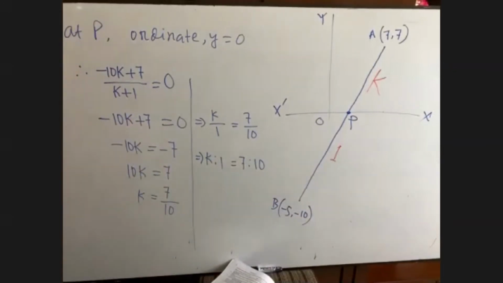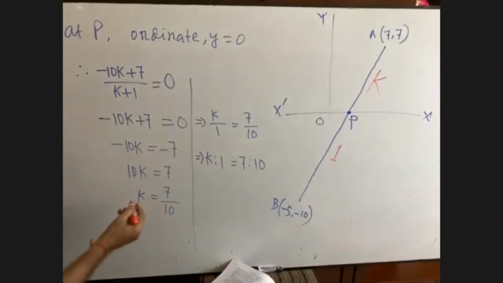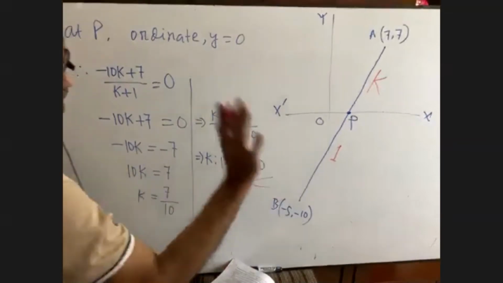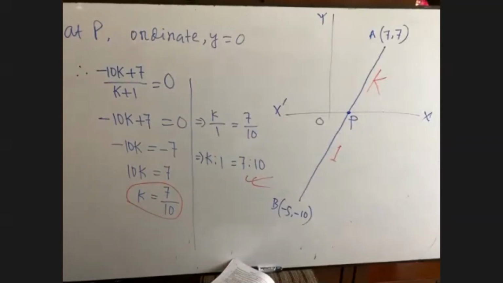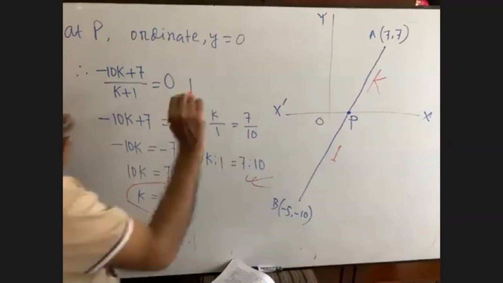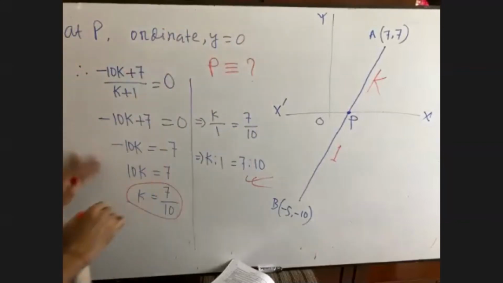By the way, this math is done, but remember one thing, this exact question will not be given in the exam, but this type of math will be given. What will be told? You have got this answer, but you have got the value of k. If you are told to determine the coordinates of P, P equals to what now? Then what will you do?